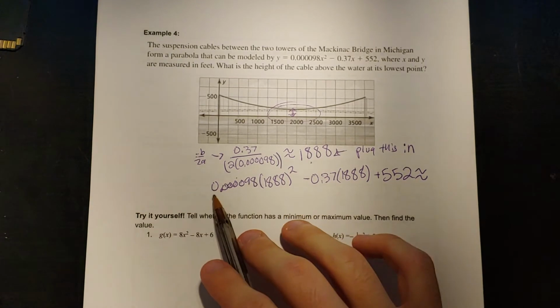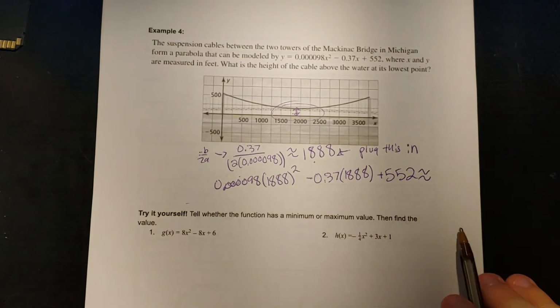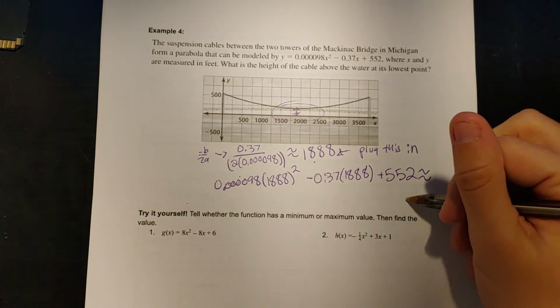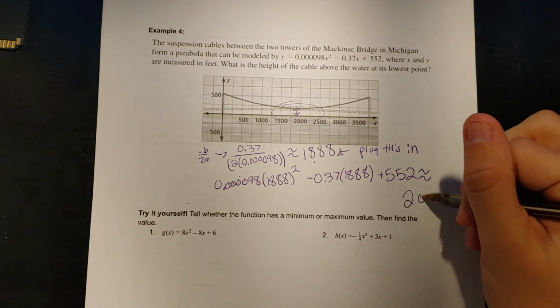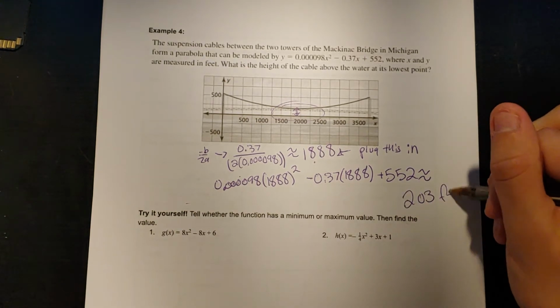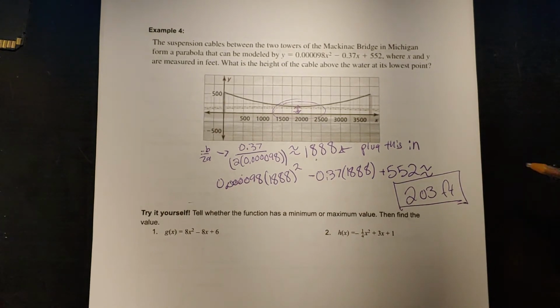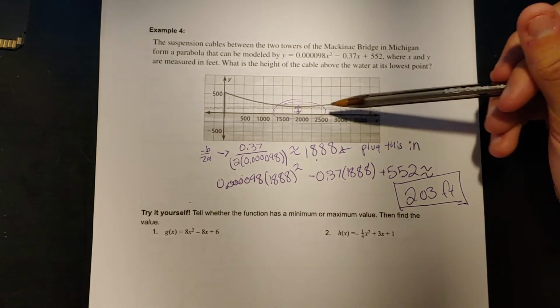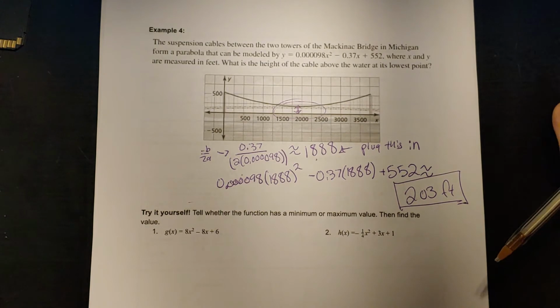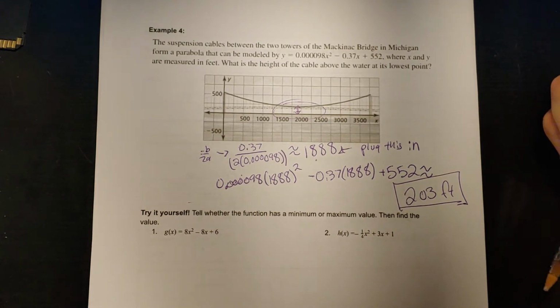So once you punch that in exactly like that, you should get an answer that's roughly 203 feet. So that is how far above the water the cable is at its lowest point. Okay?